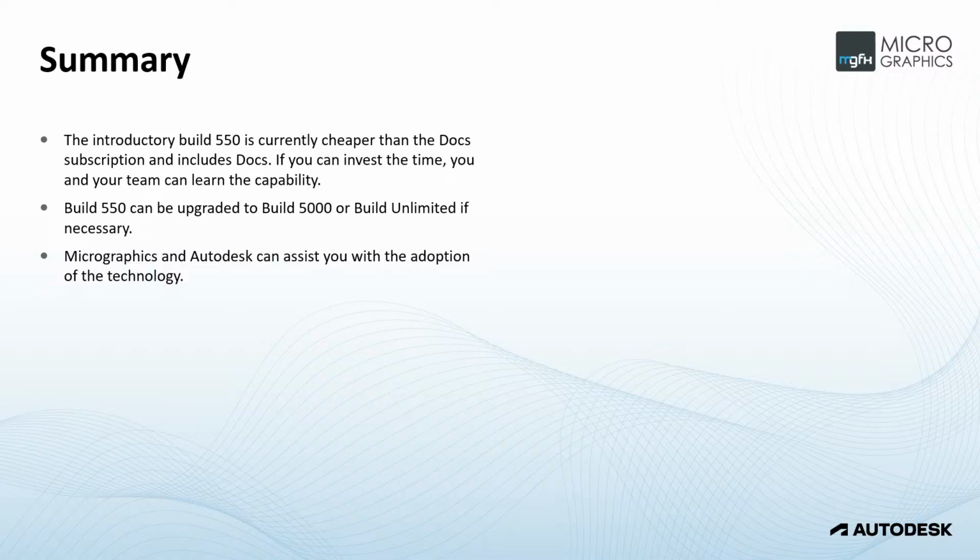It's cheaper than a Docs, and you get Docs. So it really is an incentive to learn some of the abilities. And if only one of these technologies can make you money and pay for the software, then you've got time to adopt the other technologies, and why wouldn't you want to do that?